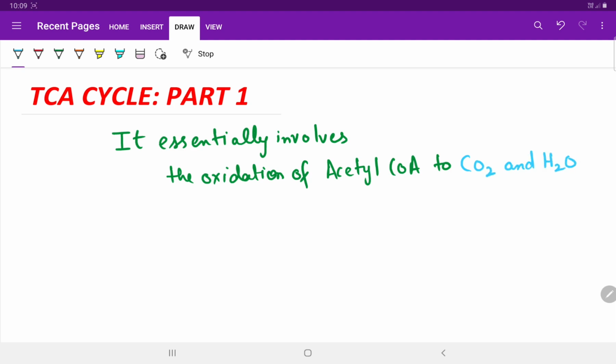So this is basically this reaction, and it helps in production of high energy yielding intermediates.